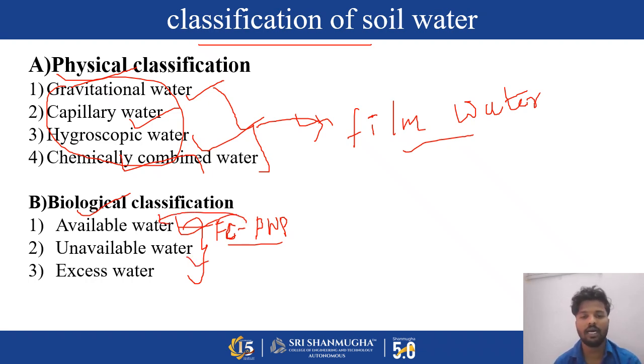The next one is the unavailable water. Unavailable water means the hygroscopic water, chemically combined water, and the fraction of water below the permanent wilting point, which plants cannot extract.